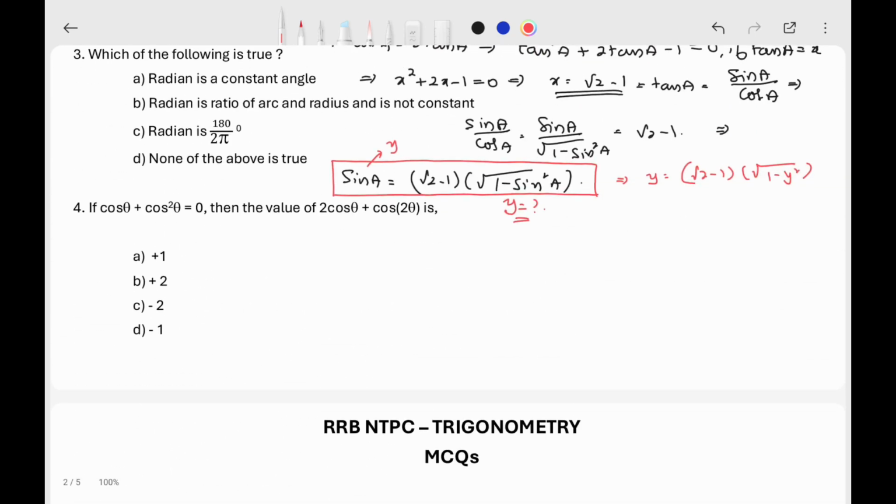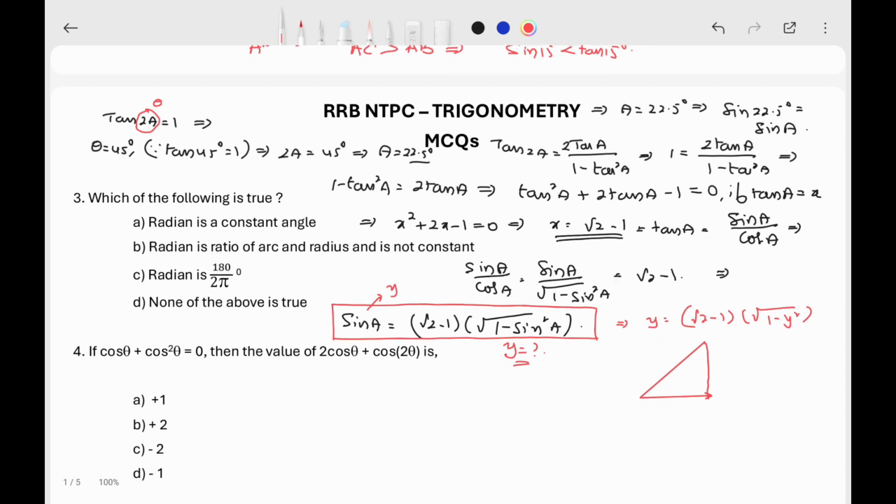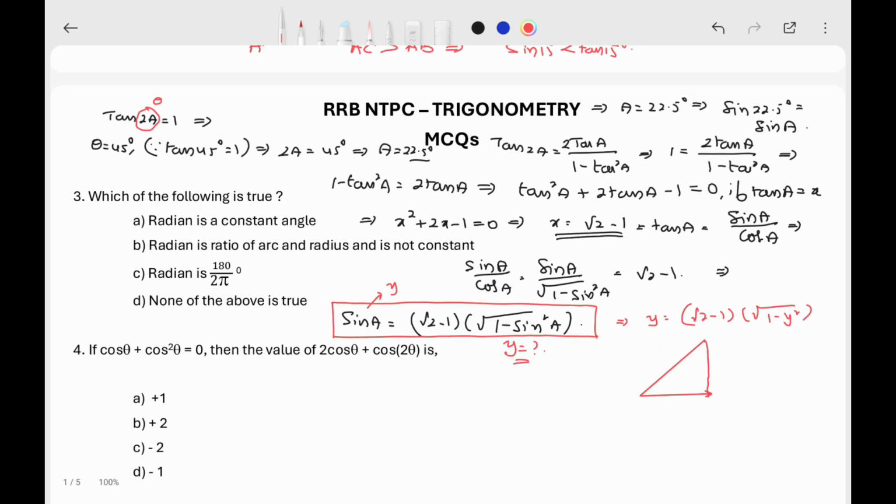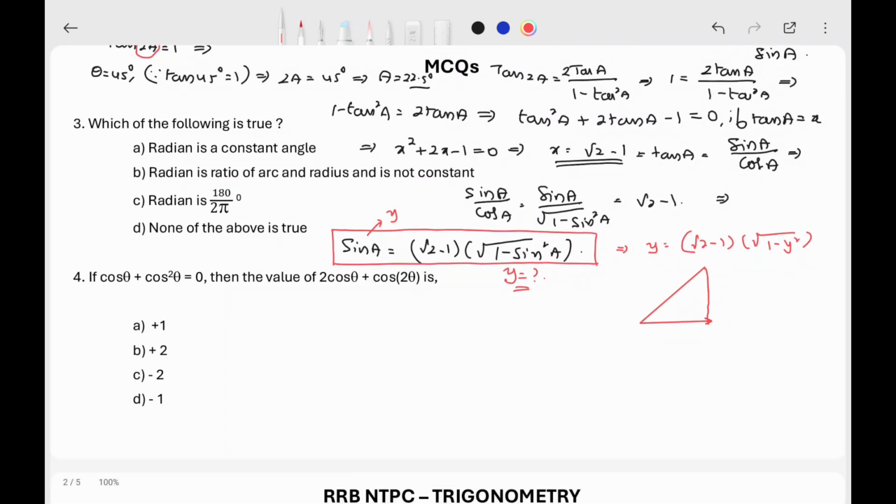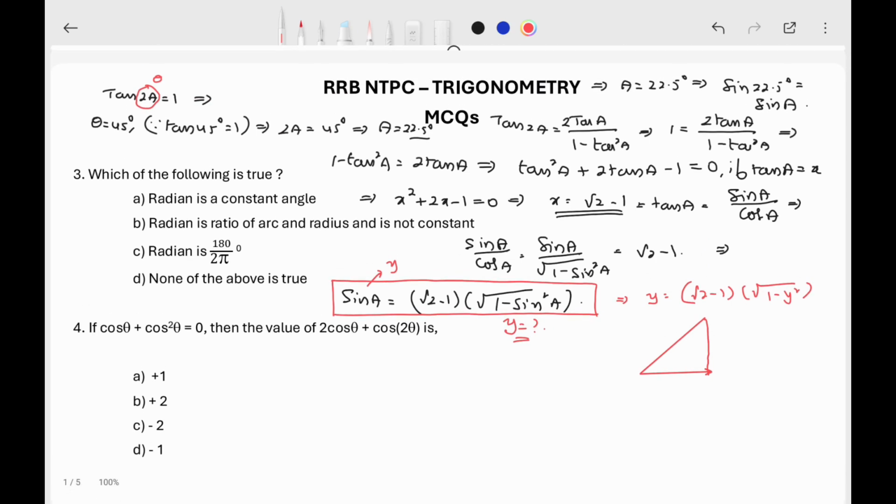Try this method also. Why am I leaving the answers to you? The reason being, if you solve this carefully, then you just see here. What is tan A? Tan A is equal to root 2 minus 1. Correct? That's what you have got.